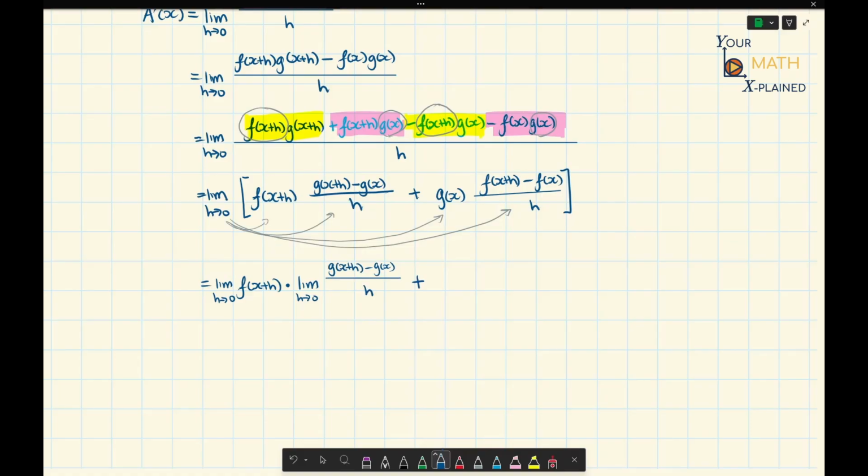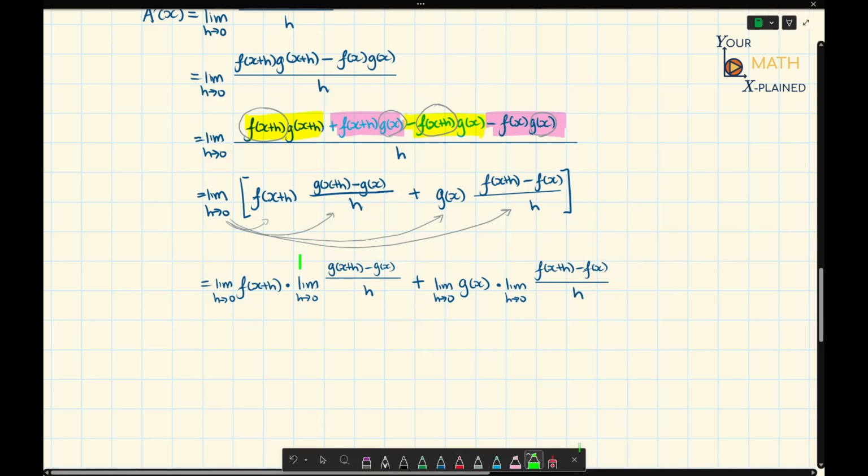And then we add the limit as h approaches 0 of g of x multiplied by the limit as h approaches 0 of f of x plus h minus f of x over h.